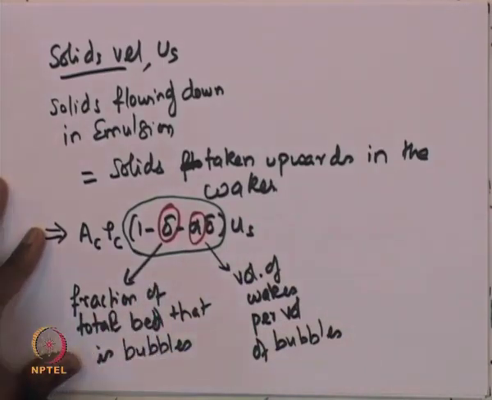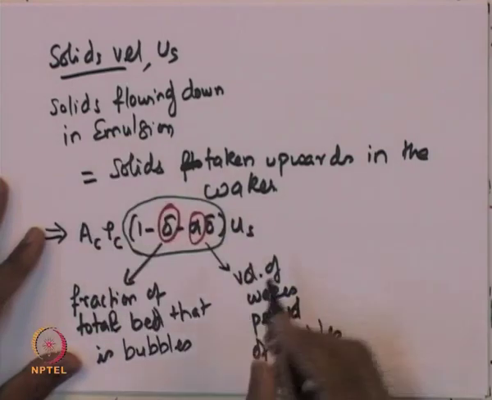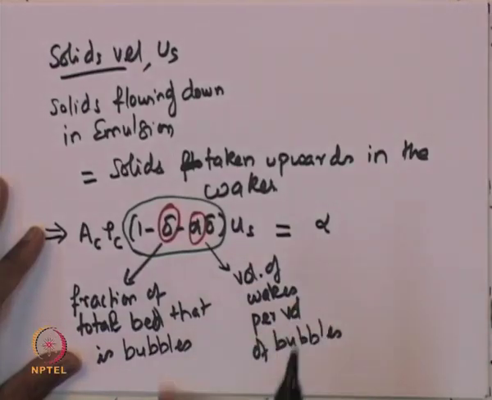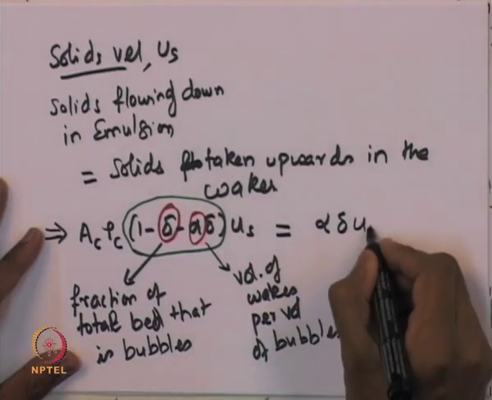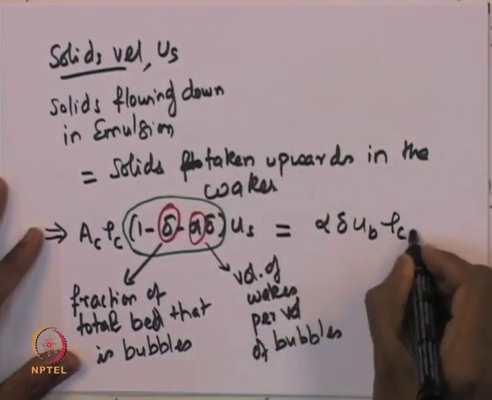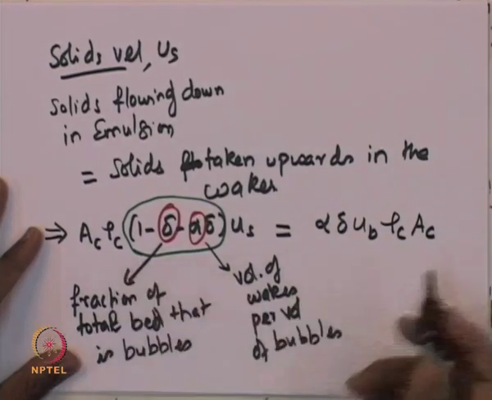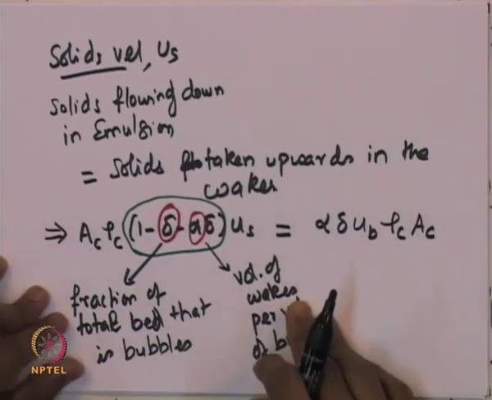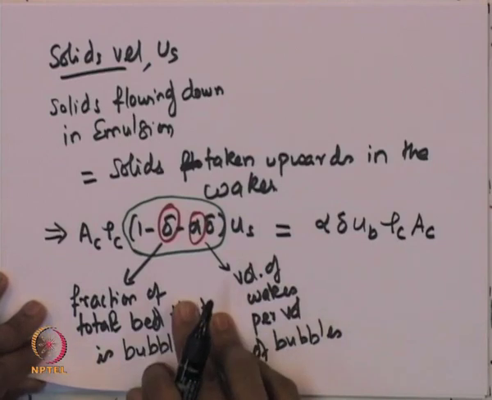So, using this relationship for the solids flowing in emulsion, that can be equated to the fraction of volume in a given cross section that is actually filled by wakes, which is alpha into delta, because alpha is the volume of wakes per volume of the bubbles and delta is the fraction of the bed that is actually bubbles, multiplied by UB, which is the velocity with which the bubble is rising upwards, multiplied by rho c into AC. So, this material balance of the solids which is flowing down in emulsion and the solids which are actually taken upwards in the wakes can be used to estimate US.